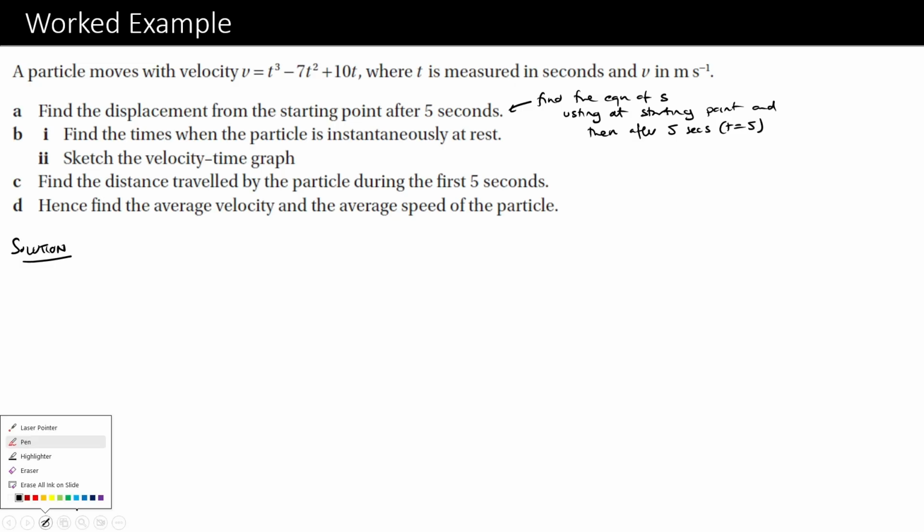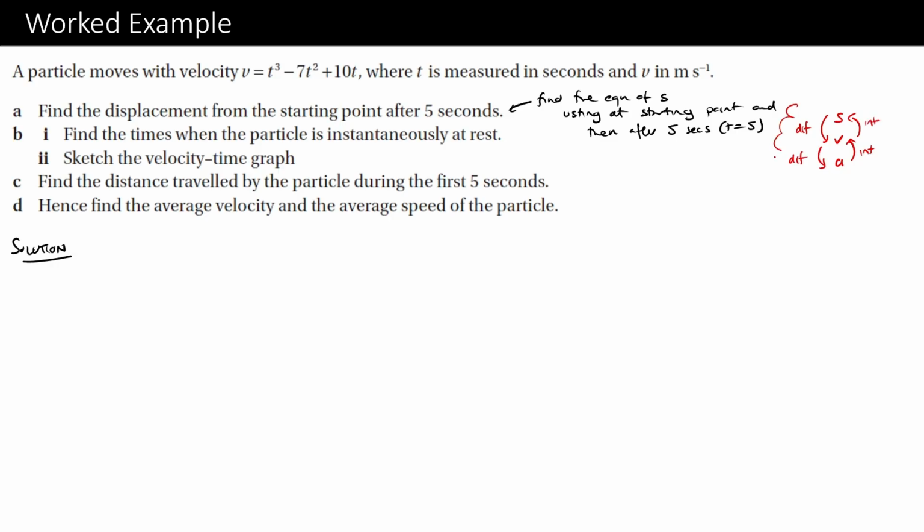As always, to start with this question, because I've been given v, it's worth making note that to differentiate v, I get a, and to integrate v, I get s. This is just a case of working with what I may get asked to work out in the later parts of this question. So moving on to A, we know that v equals t cubed minus 7t squared plus 10t.